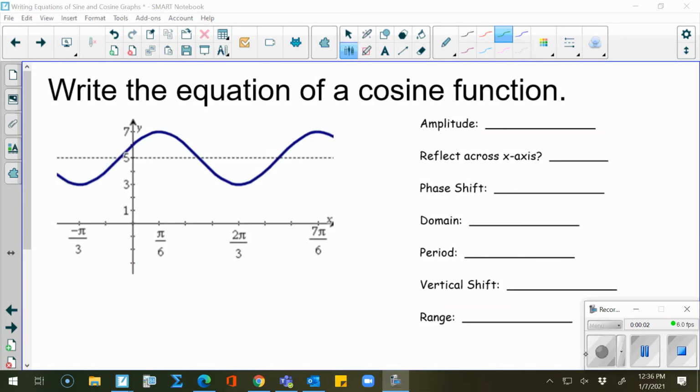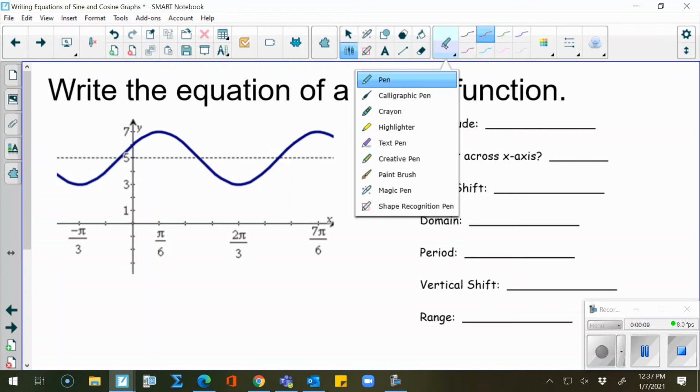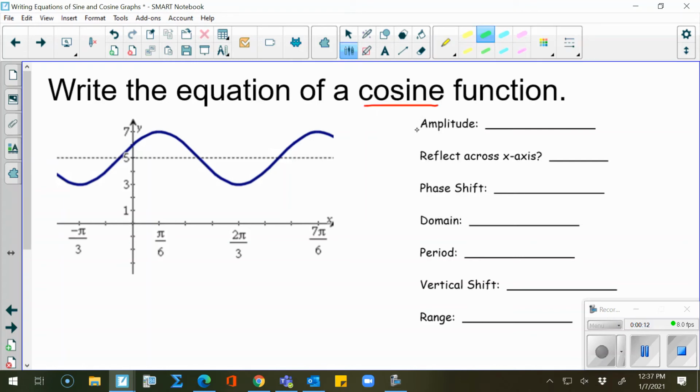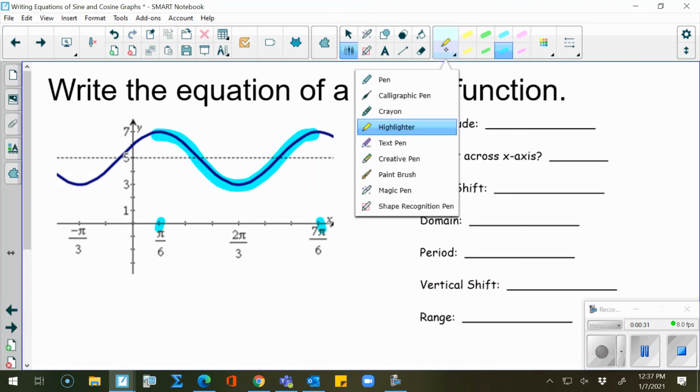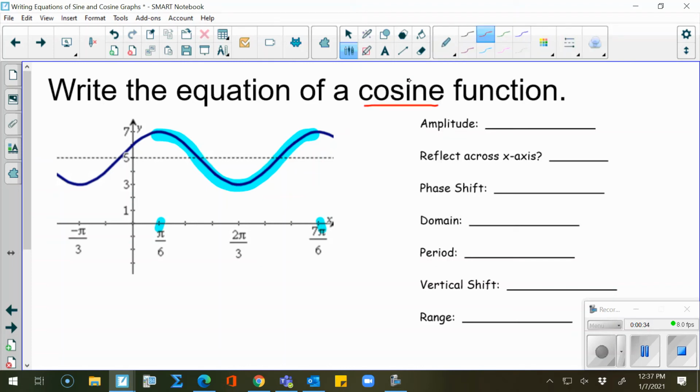For this example, we are asked to write the equation of a cosine function. So I will want to highlight one phase of a cosine function. I could select this phase. If I select this phase, the phase shift is pi over 6.